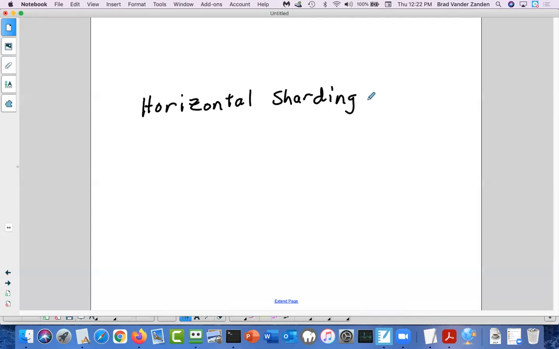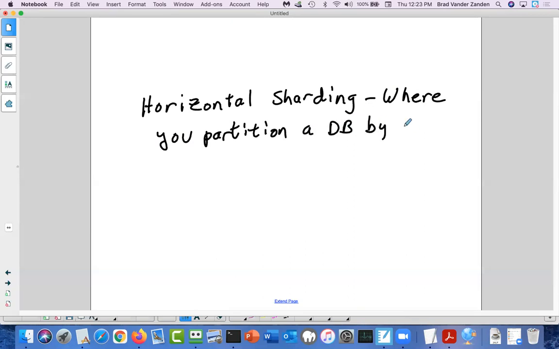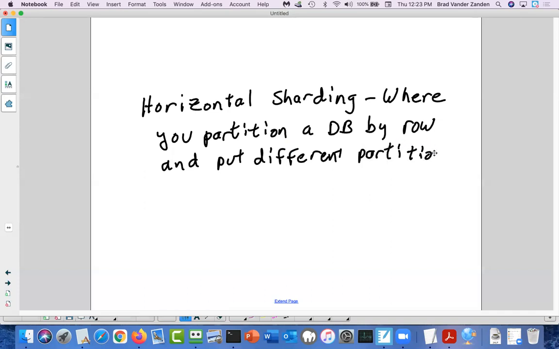It's a technique where you partition a DB by row and put different partitions on different servers.